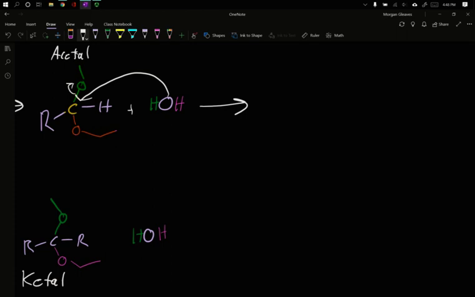And so it can reverse itself. So not only can you form the acetal by driving off water from alcohols attacking, you can also break those alcohols back off, reforming the hemiacetal.